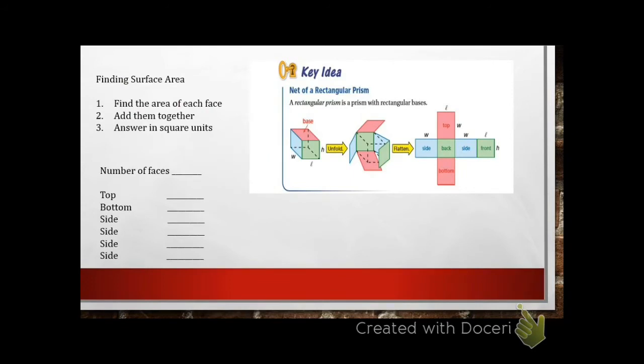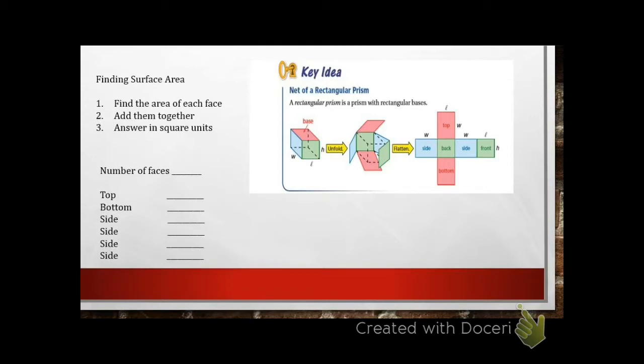All right, when finding surface area, there's a couple of things you need to do. First thing you need to do is count up how many faces. Remember what a face is? It's a flat surface. So for example, if I was looking at this rectangular prism and I wanted to find out how many faces there were, I would count up every flat surface.